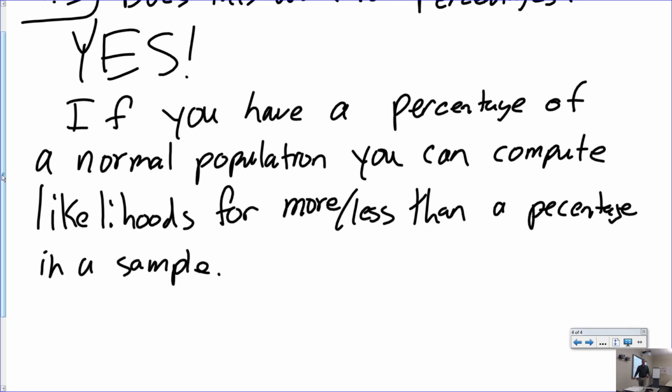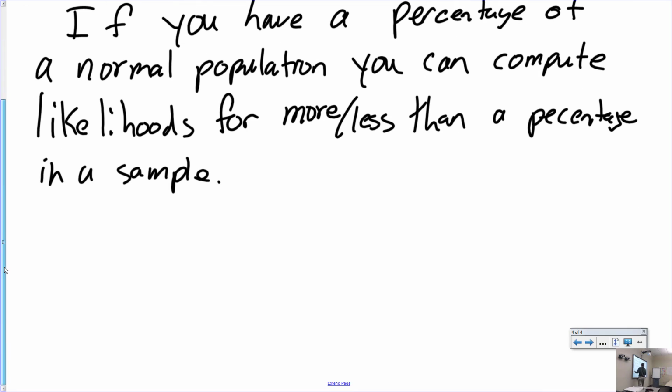And it works basically the same way, or a similar way anyways.